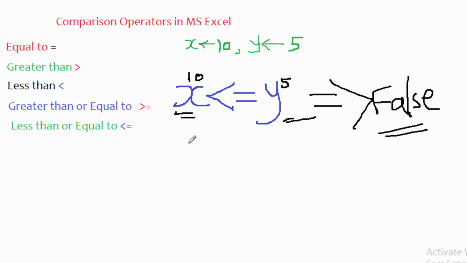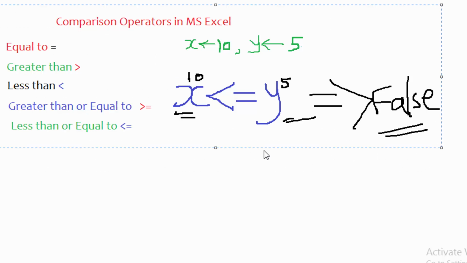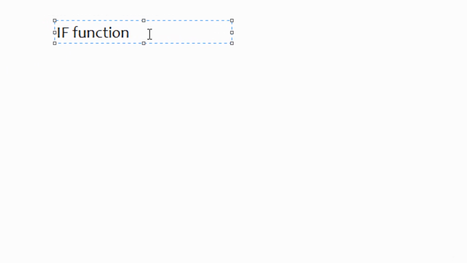It will return false. We can do this thing practically using the if function, and this if function is there in MS Excel. It is very helpful and it is being used every day to do decision making, and it is including the logical operators in it.